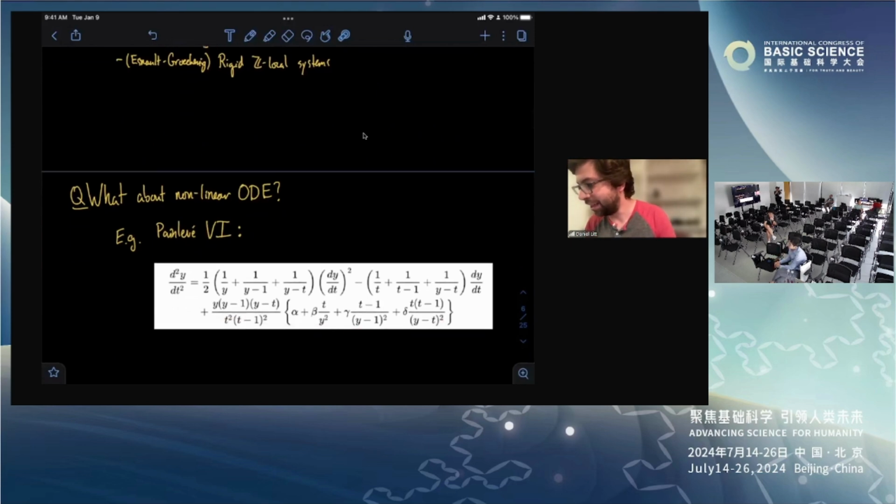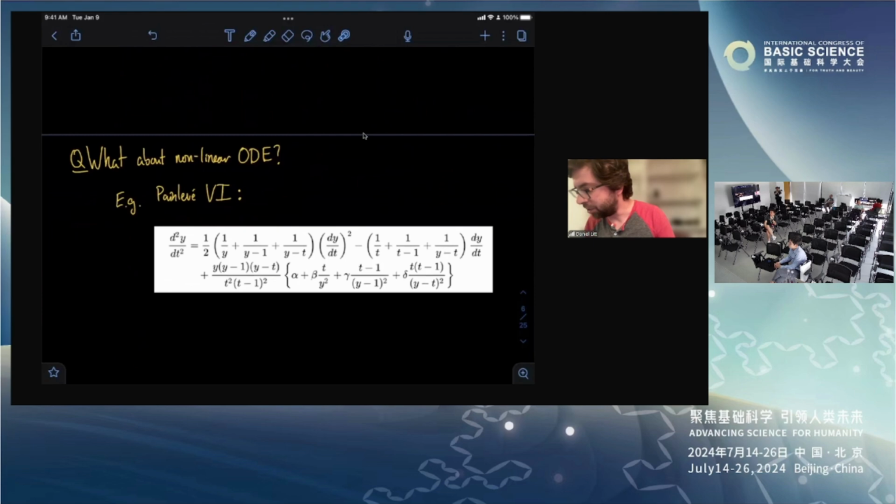It's a nonlinear ODE because of this dy/dt squared term here, and it's also very nonlinear in y in a number of places. There are four parameters here, alpha, beta, gamma, and delta. You fix those, and then you solve for y as a function of t.